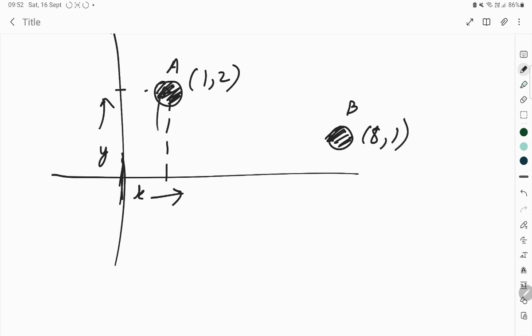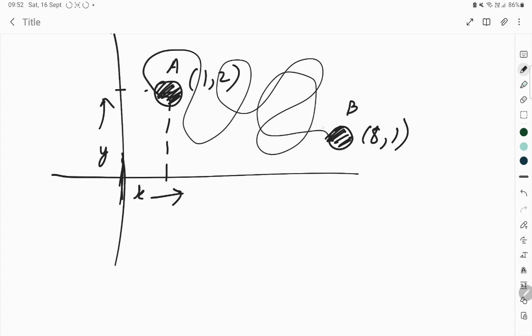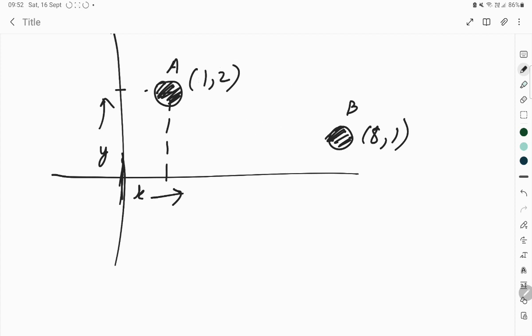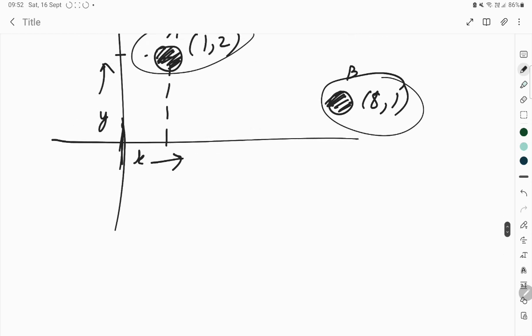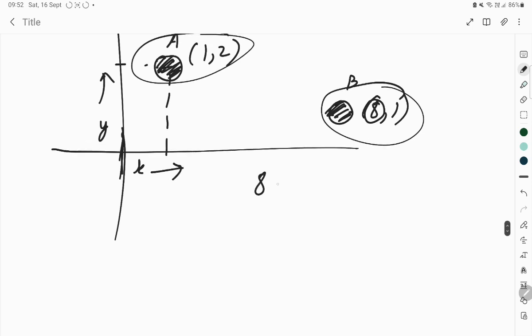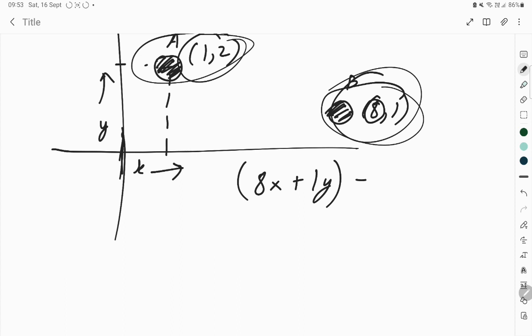So, whatever path the object traveled, it doesn't matter. It doesn't matter if the particle went from here, here, then here, or straight to here. What is the displacement? Displacement is the difference between this position and this position. So the displacement in this case is 8x plus 1y, minus 1x plus 2y.